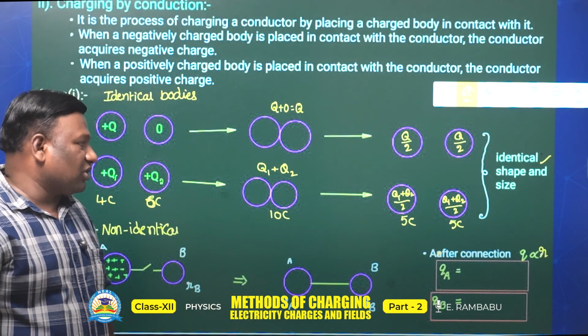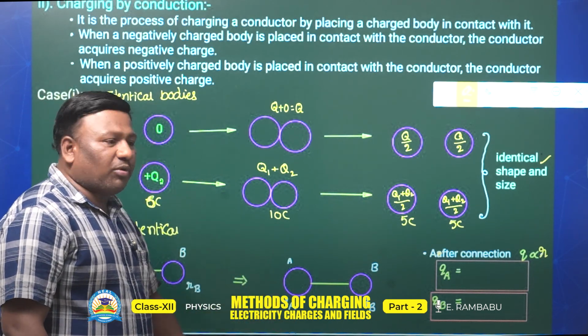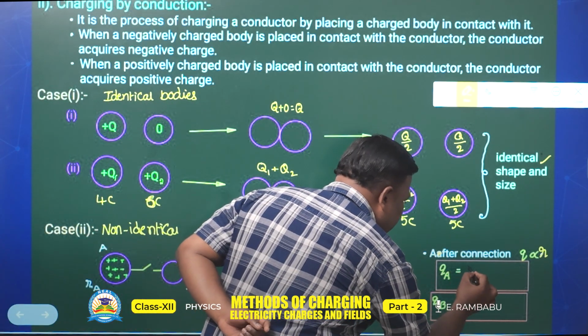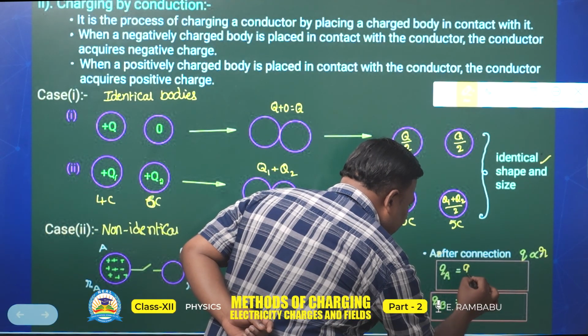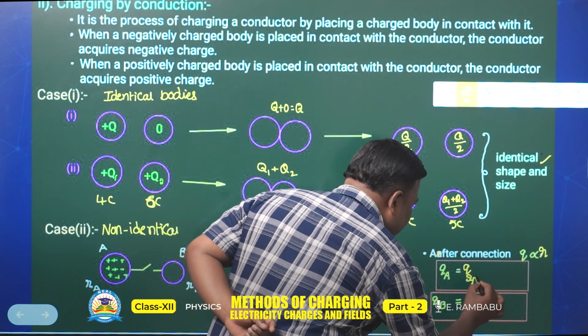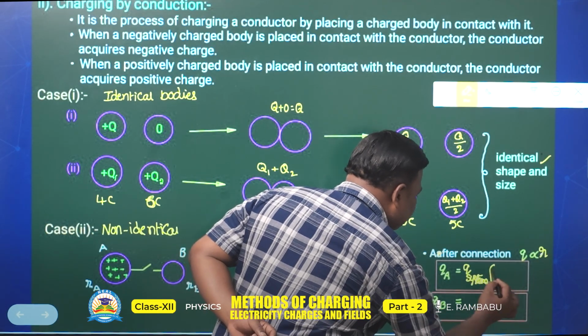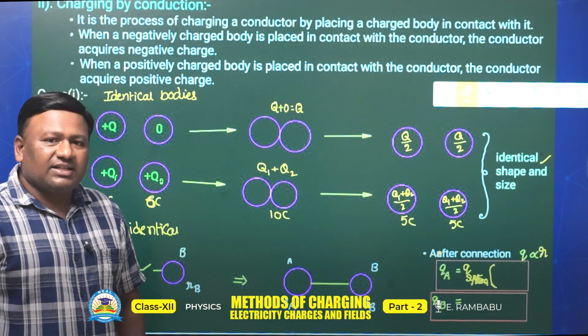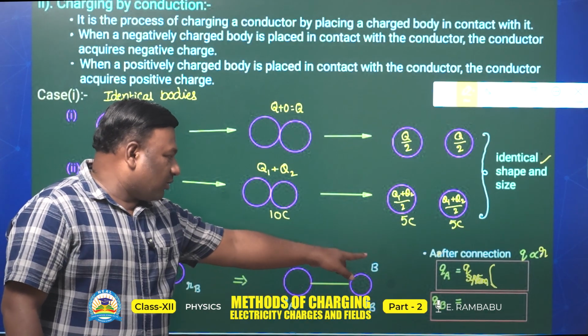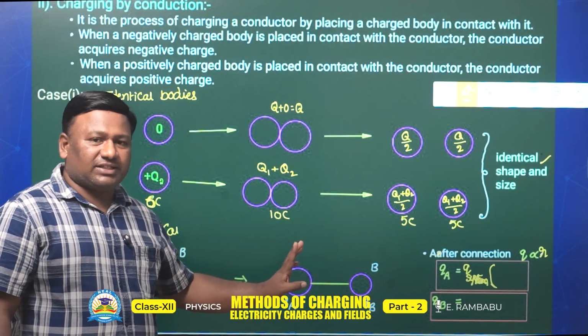See how to get the charge on the body. First we are going to take the system charge. System charge is nothing but the total sum of the charge on these two bodies.